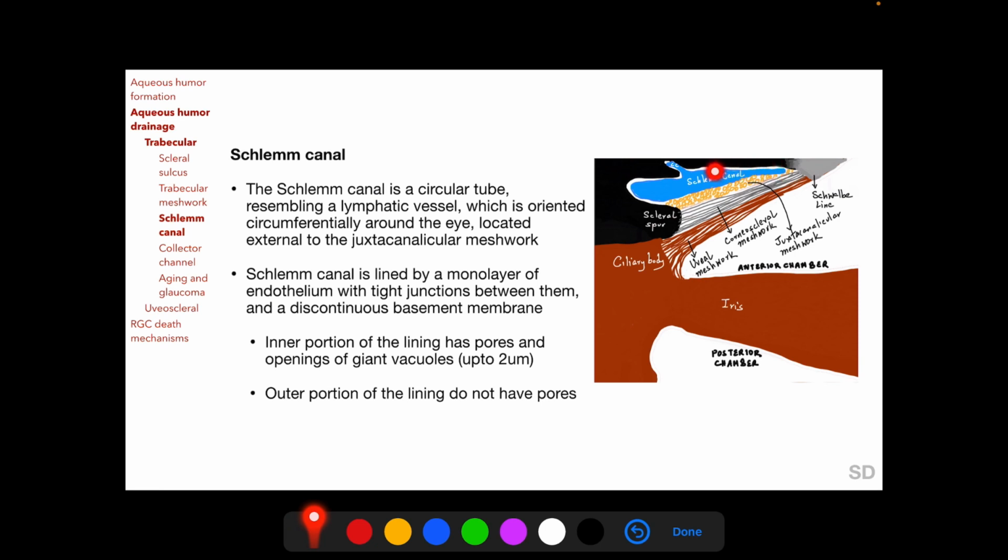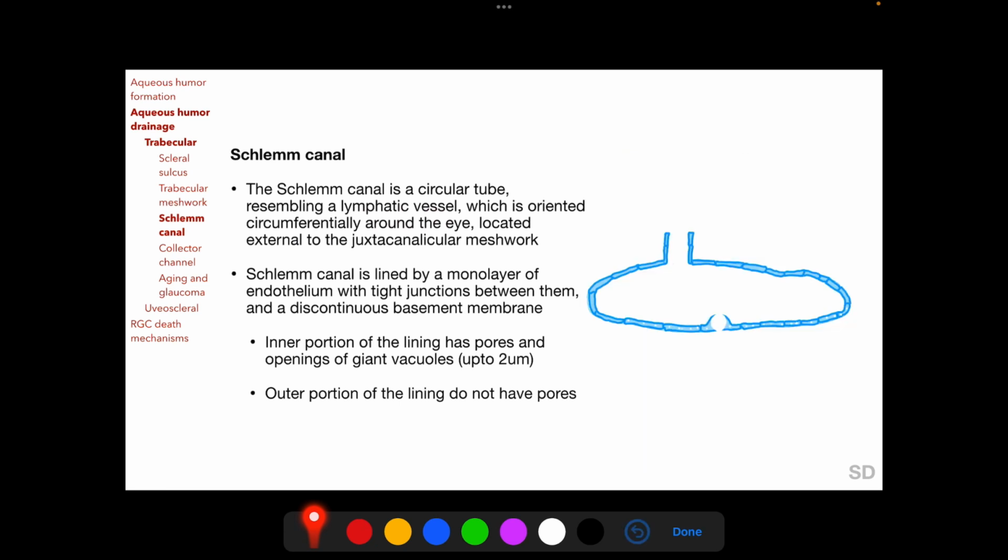The Schlemm's canal is a circular tube along the circumference of the globe, and it is located external to the juxtacanalicular meshwork. The Schlemm's canal is lined by a monolayer of endothelium with tight junctions between them, with a discontinuous basement membrane.